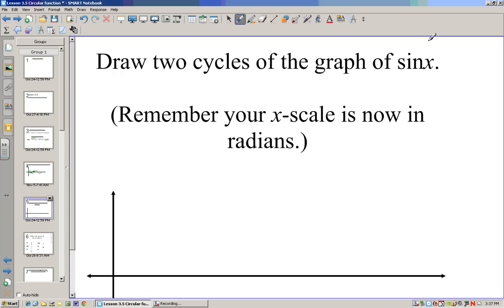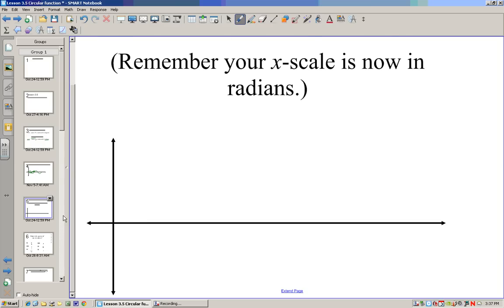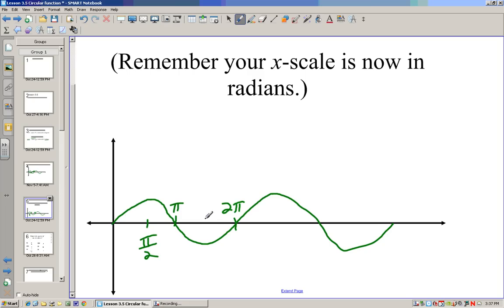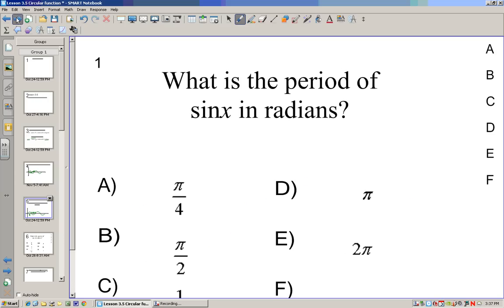If I wanted to graph sine of x, now we're doing the same thing, but it's going to be in radians. So it's going to do a full cycle in 2 pi and half a cycle by the time it gets to pi. A quarter of the way would be pi over 2, and 3/4 would be 3 pi over 2. Now we can continue labeling the rest if we wish.